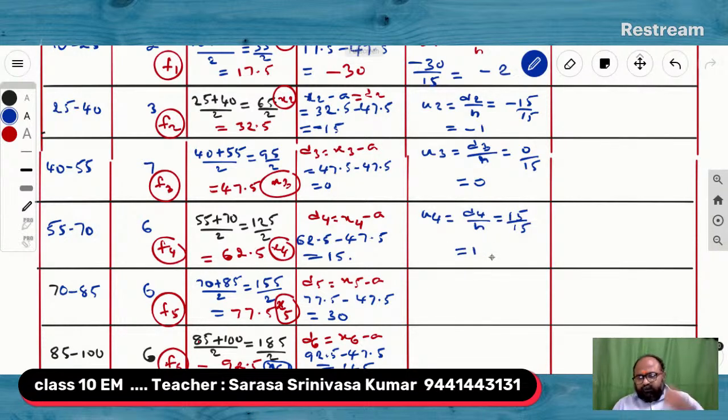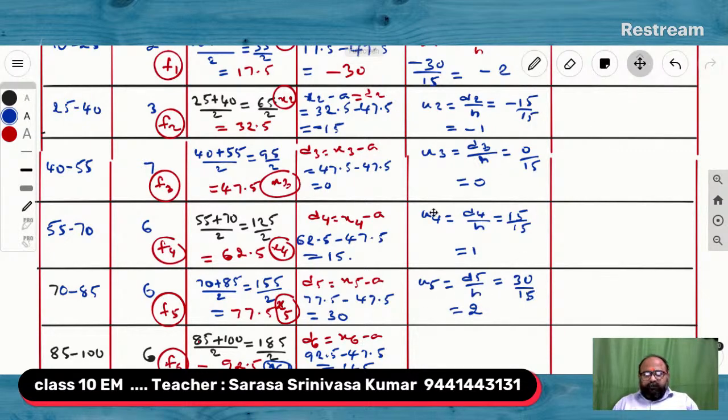So U4 is 1. Next U5 equal to D5 by H. D5 is 30, so 30 by 15 equal to 2.